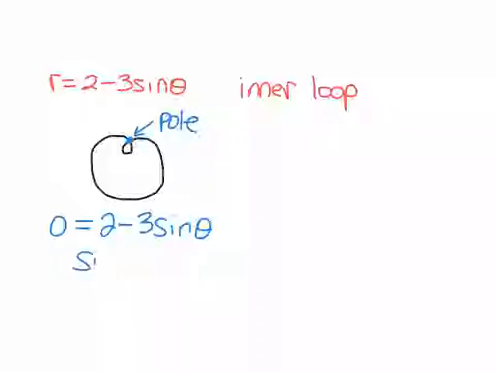So we're looking at sine of theta equal to 2/3. All right, so not a nice clean unit circle number. That stinks, but we'll live with it. So theta is going to be an approximate form, so we'll have to deal with that.